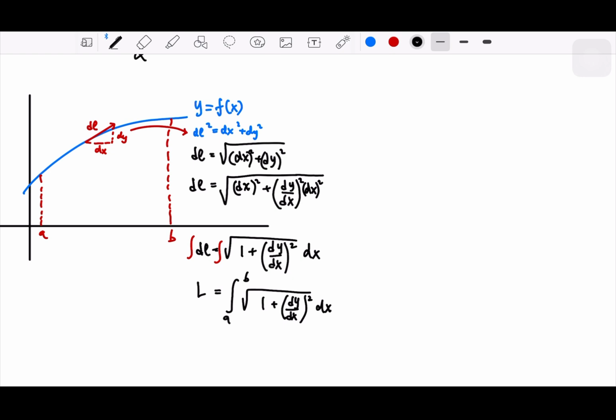But now, from this arc length, we need to trace the function into parametric form.